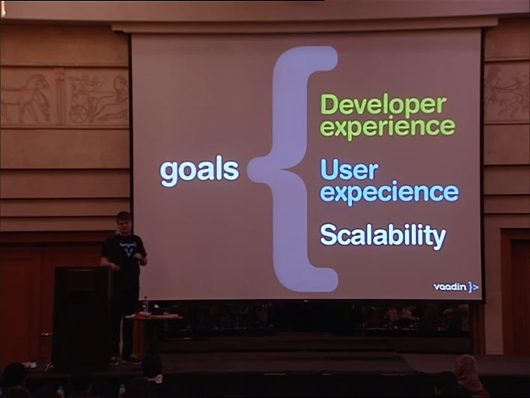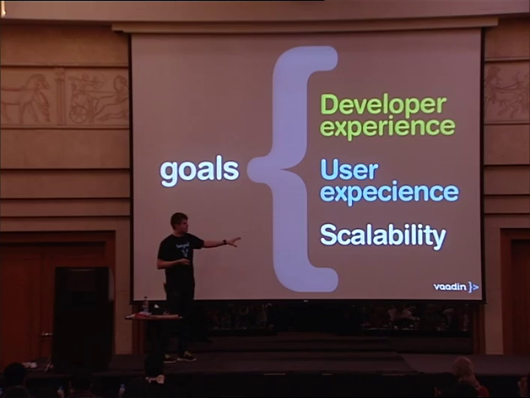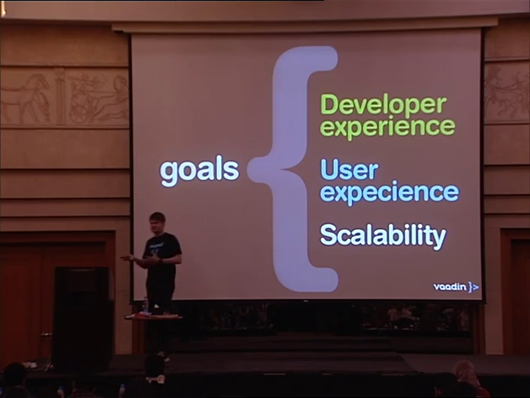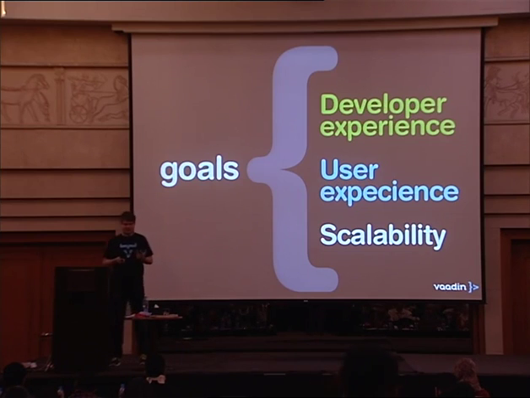So if we have to sacrifice something in order to make the developer experience better, then we sacrifice it. If we have to sacrifice scalability somehow in order to make user experience better, then we sacrifice it. But we still try to reach these 3 goals and just put them in order.